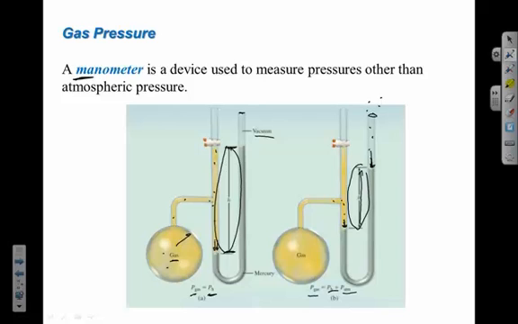Slightly different design. Mercury is nice because mercury is not volatile, which means it doesn't really evaporate. So even if this is open, the mercury is not just going to start evaporating out of the surface of that. It'll just sit there.